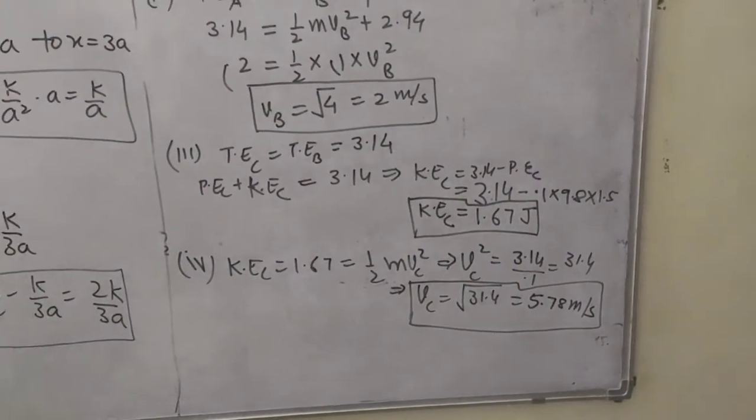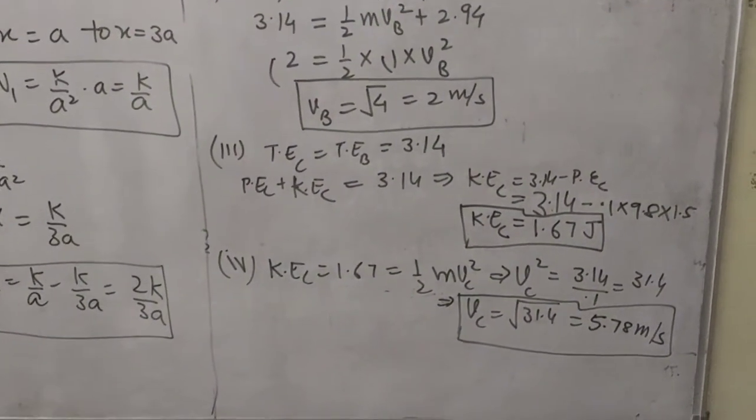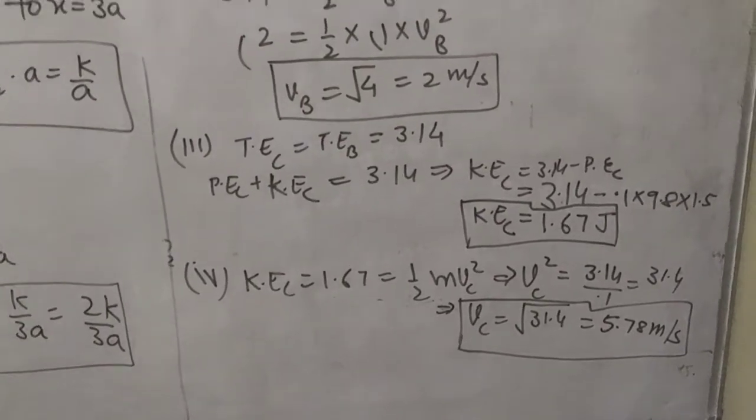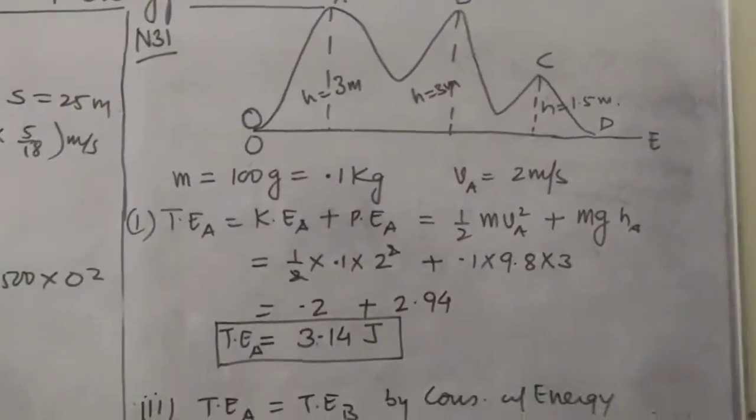Now the last part. Suppose there was friction along path DE. Then calculate the distance traveled by the ball before coming to rest.